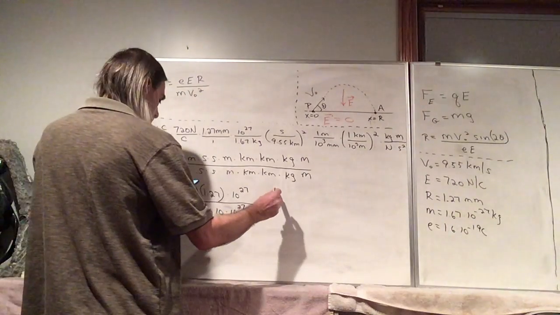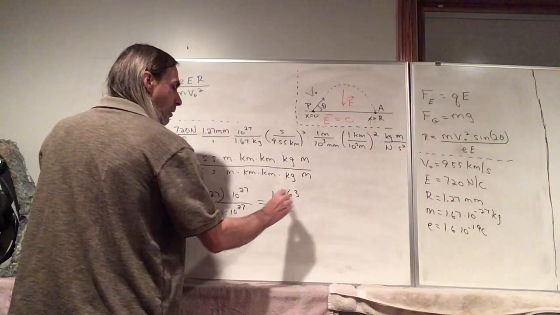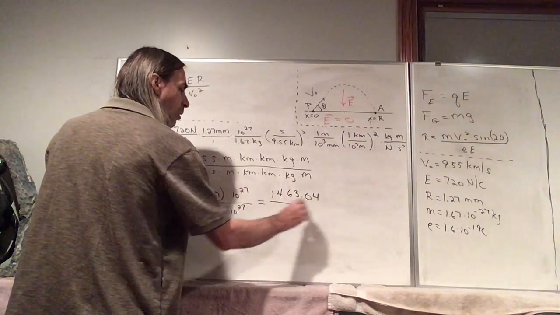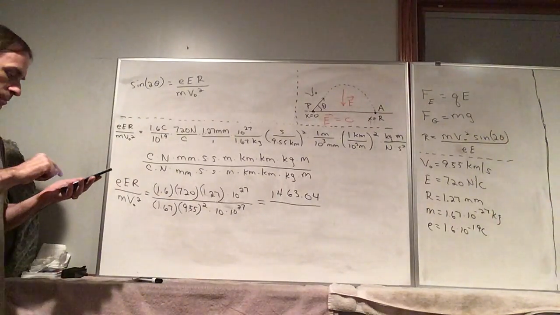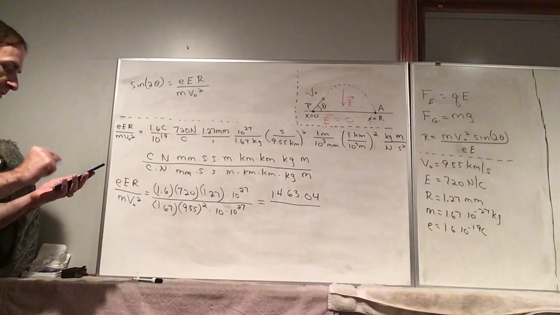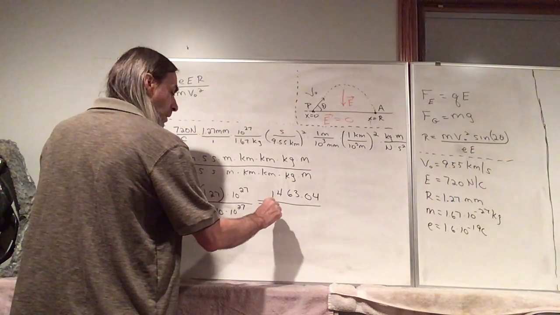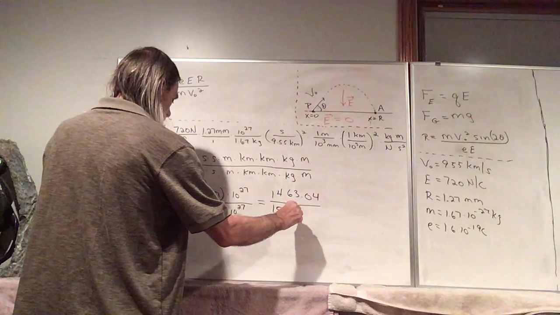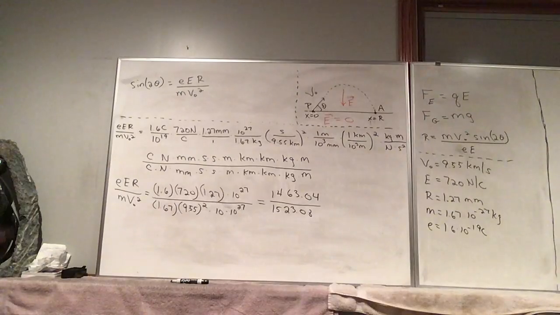So on top, I'm getting 1,463.04, not enough to worry about, but why not write it down. And then bottom, 1.67 times 9.55 squared, and then times 10 to the 28, 1,523. Okay, so we do have a number less than 1. So that's good. Now let's plug in the numbers.